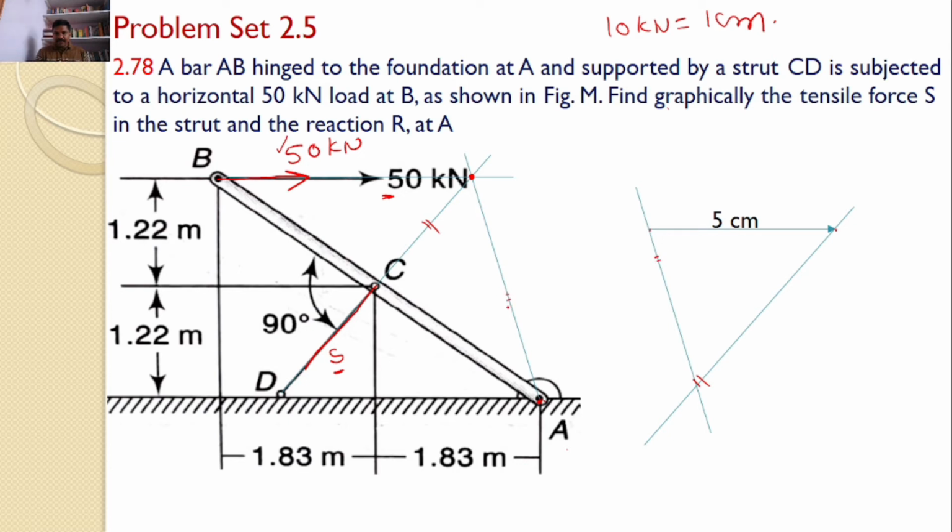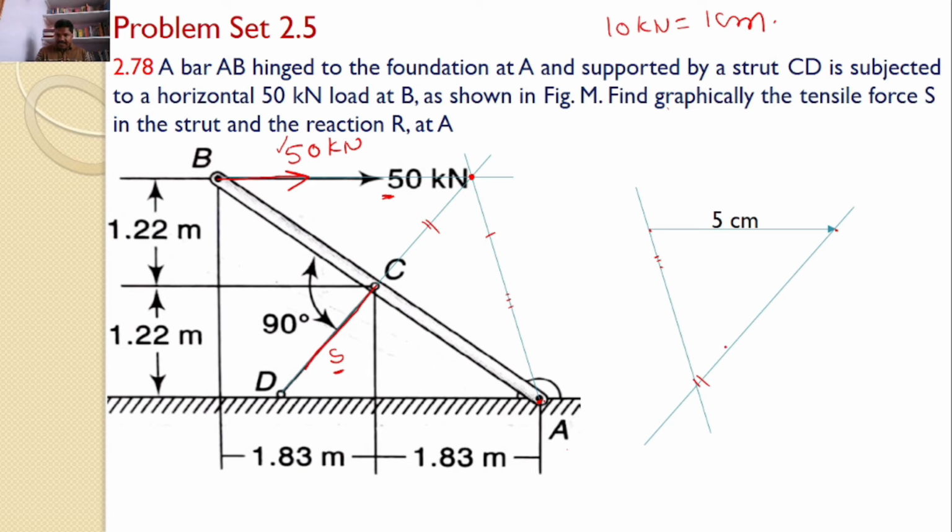These two lines give a triangle. It is a closed triangle because I must get a closed triangle, the reason being this bar AB must be under equilibrium. Hence, I draw one line from one end of the 50 kilonewtons force and another line from the other end of the 50 kilonewtons force. Now this makes a triangle.